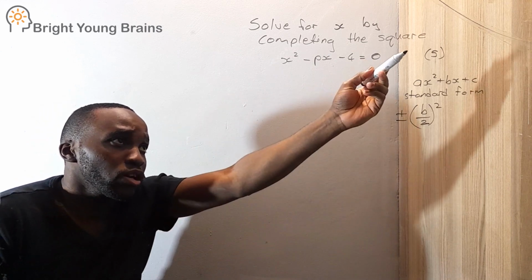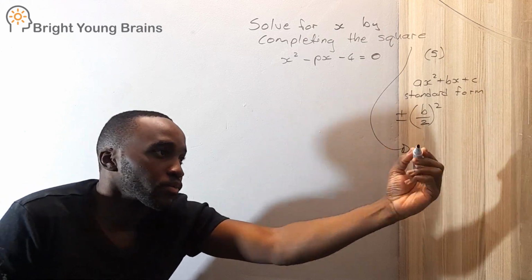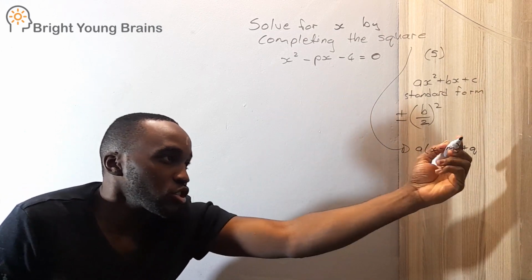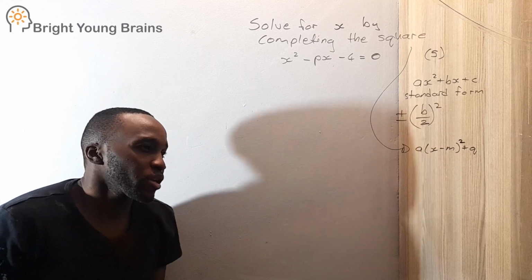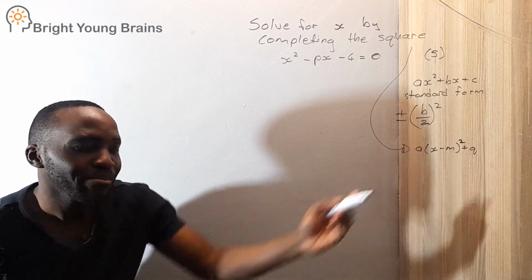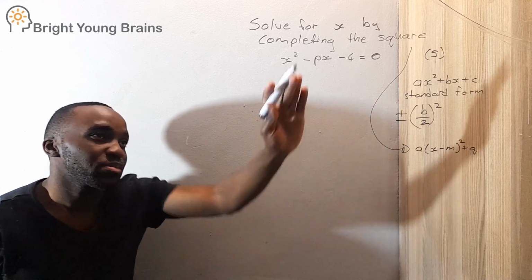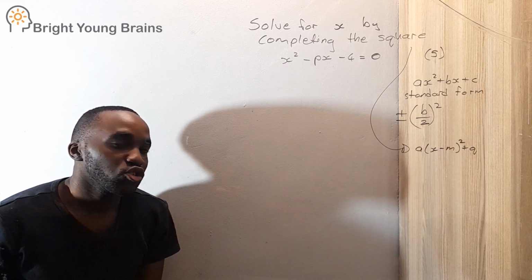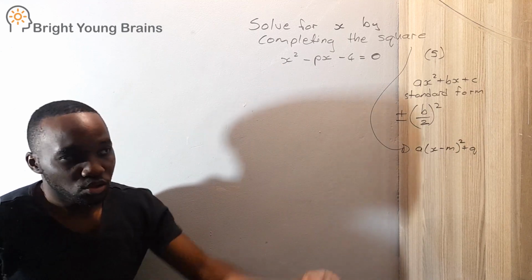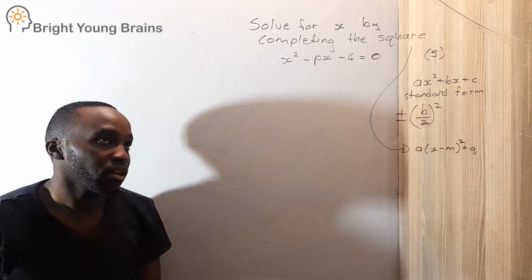When you have completed the square, your expression will be in a format that looks like this. Don't mind the m, it's just a variable. I'm using an m because there's a p somewhere in our question. So our expression just needs to end up in that format.